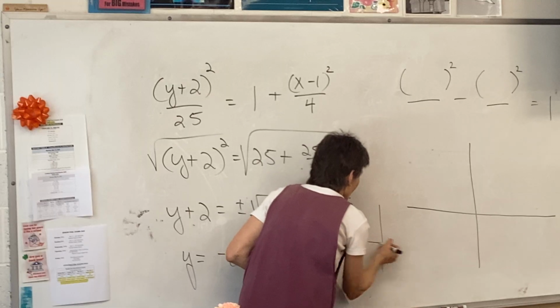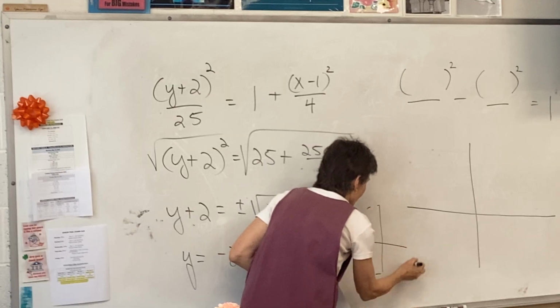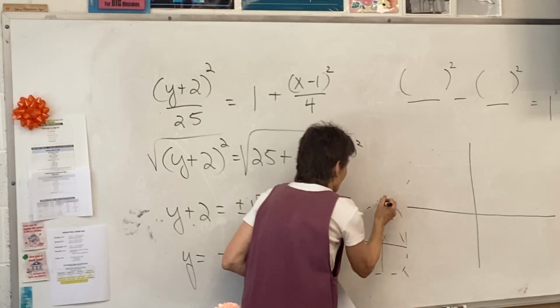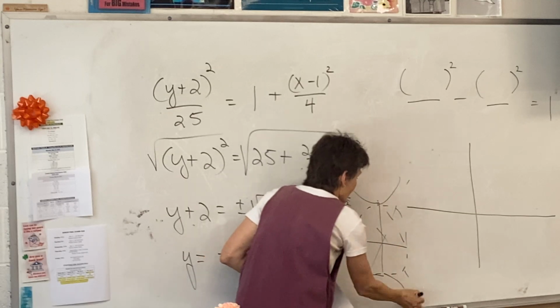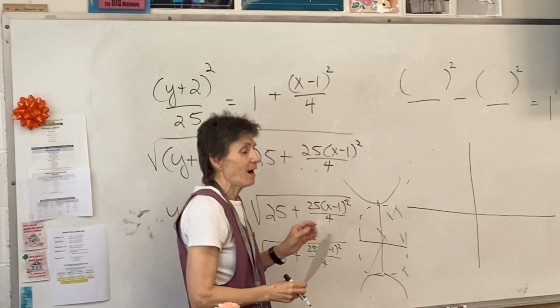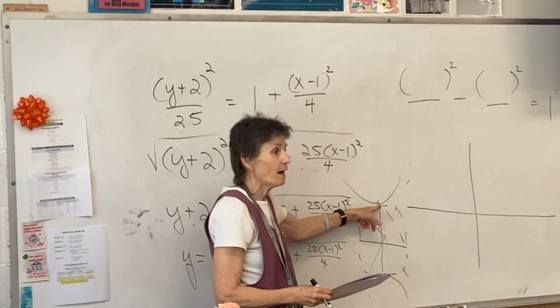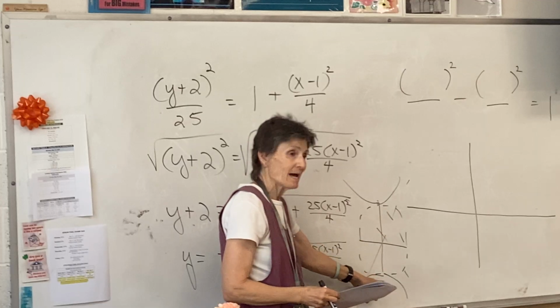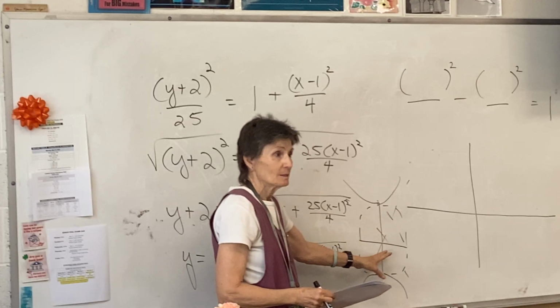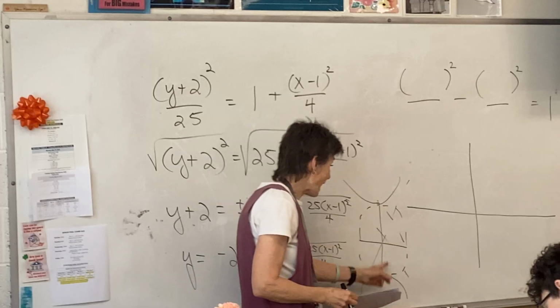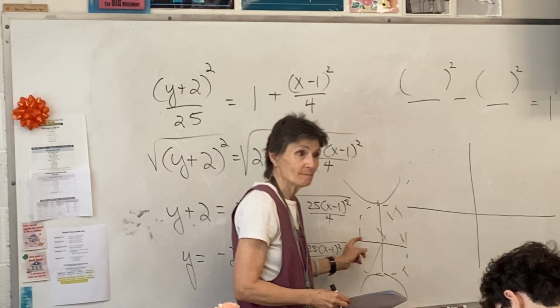Okay, so we built this box, and we had our asymptotes, right? When we built the box, we started at the center and counted up and down a certain amount, and sideways a certain amount. These are called the axes of the hyperbola.